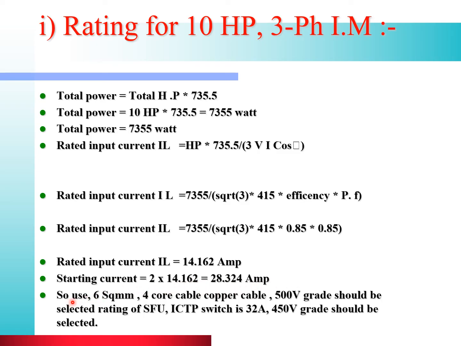So from that table we use 6 square mm 4 core copper cable, 500 volt grade. The rating of the ICDP switch of 32 ampere 450 volt grade should be selected. So from this current you have to select the cable and the ICDP switch rating.